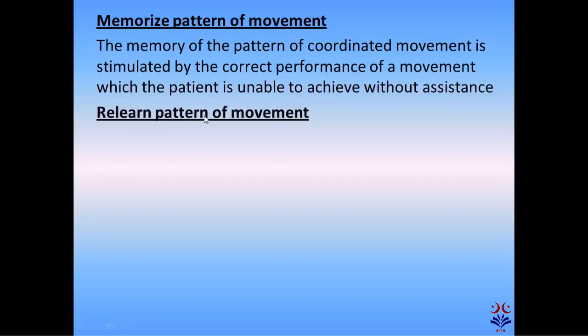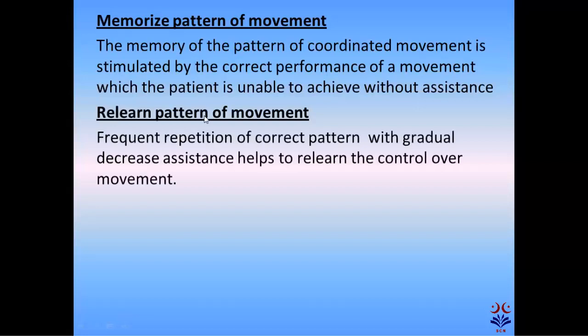Relearn pattern of movement. If a pattern of movement has been lost from the nervous system, it is forgotten by the nervous system, it could be relearned by the active assisted exercises. Frequent repetition of the correct pattern with gradually decreased resistance helps to relearn the pattern of movement and the control over the movement.